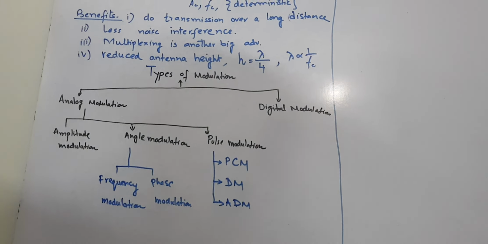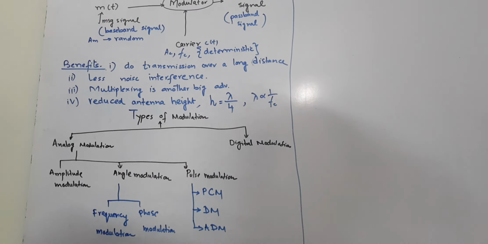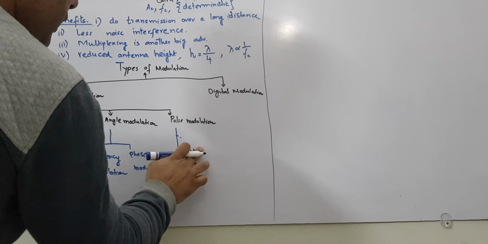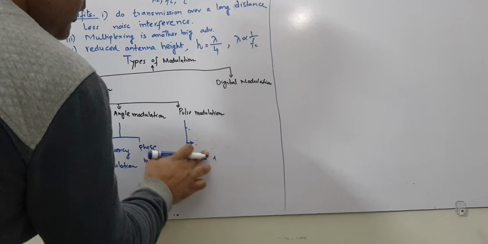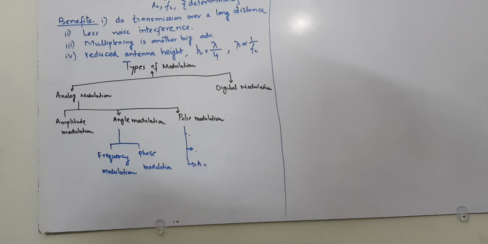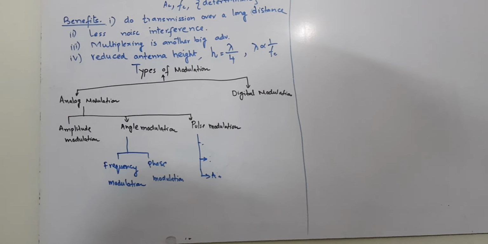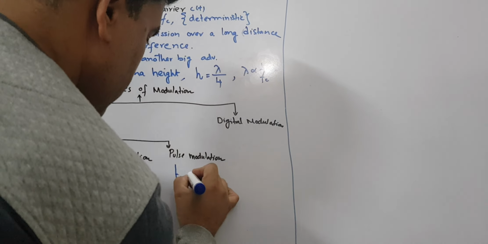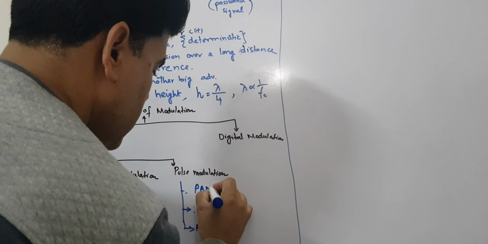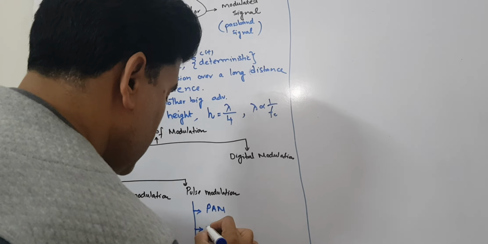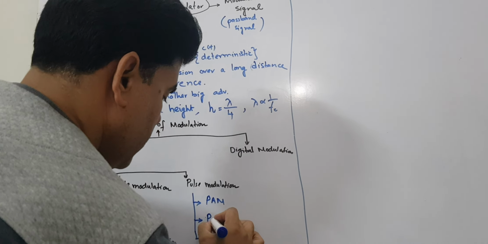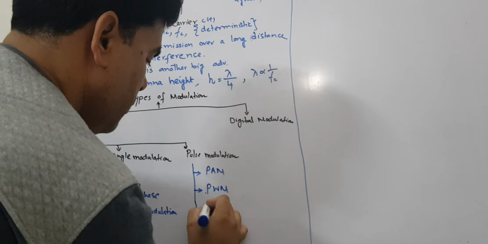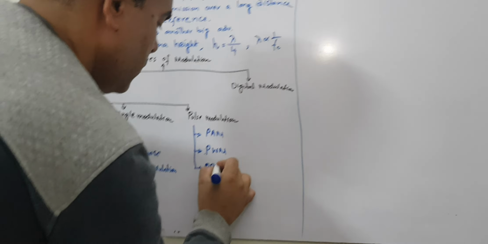Similarly, the digital modulation. This one was basically the pulse modulation, divided into pulse amplitude modulation, pulse width modulation, and pulse position modulation.